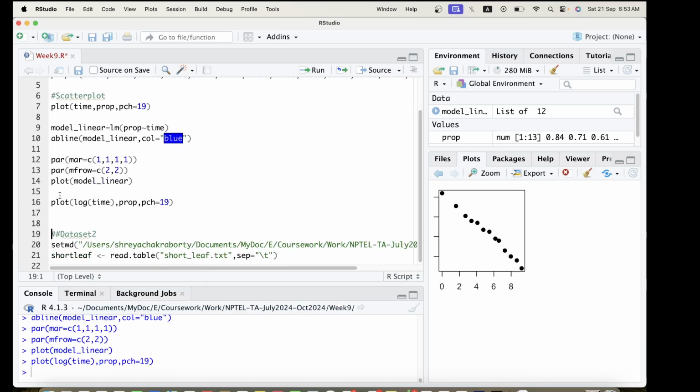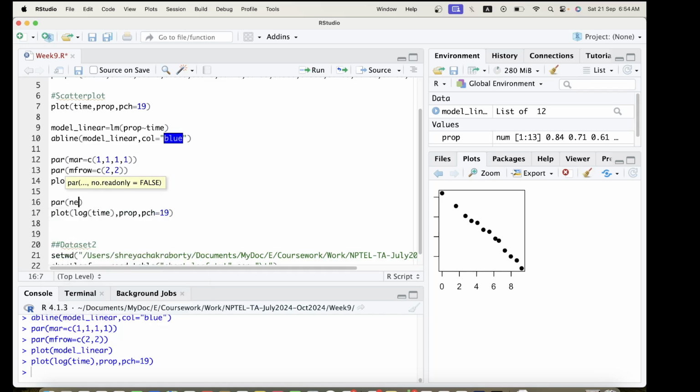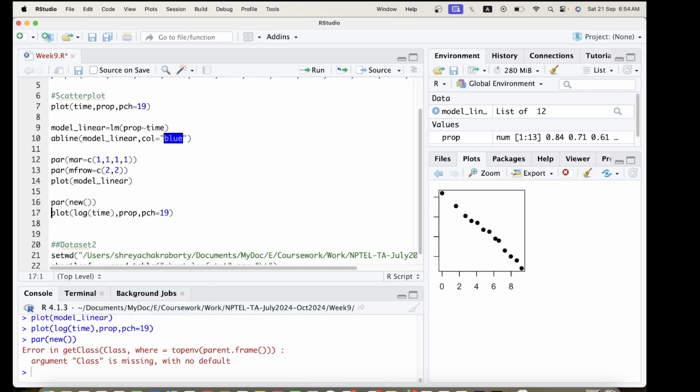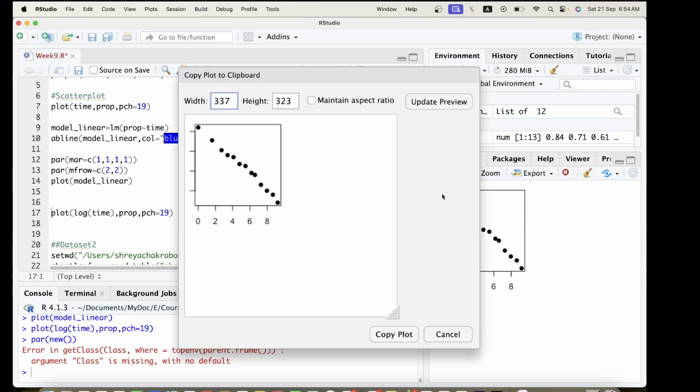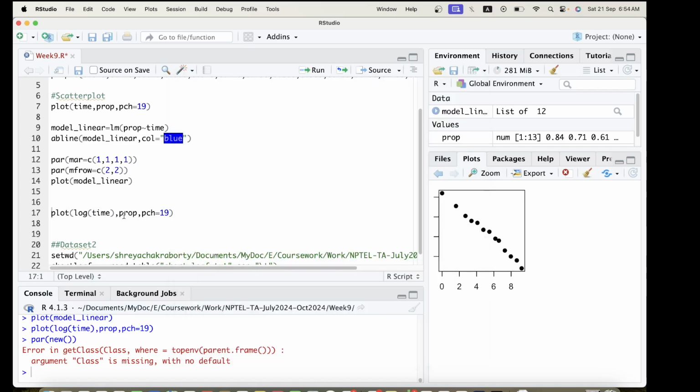So see, this is how log time on the x-axis and prop on the y-axis looks. Now, if I want to fit a linear regression model, what is the command that I should use?